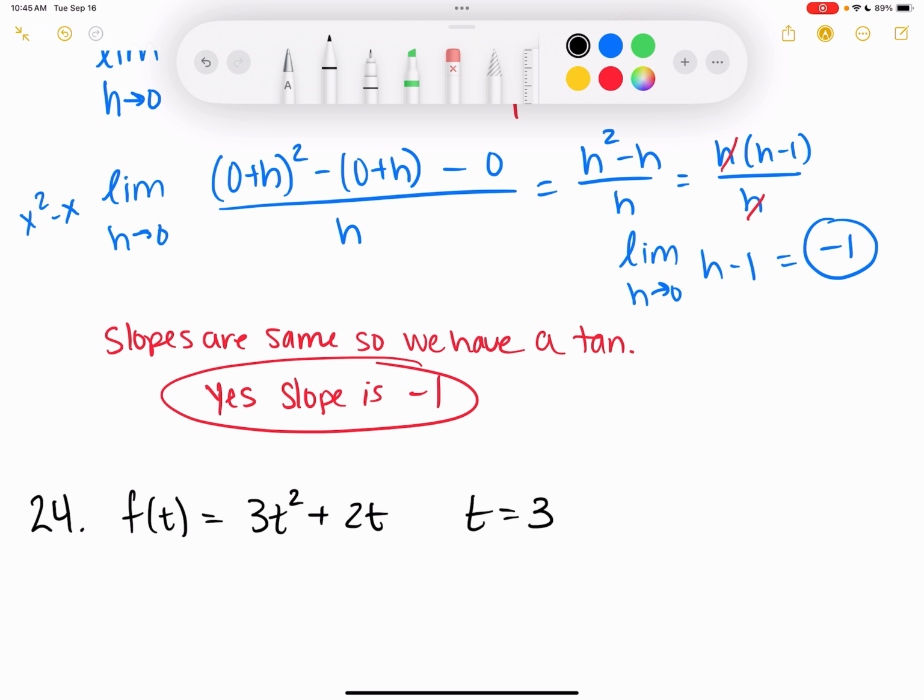Basically, we're doing the exact same thing we've been doing, except we're just not finding the slope this time. We're finding the instantaneous rate of change. But the formula is exactly the same as what we were doing previously.